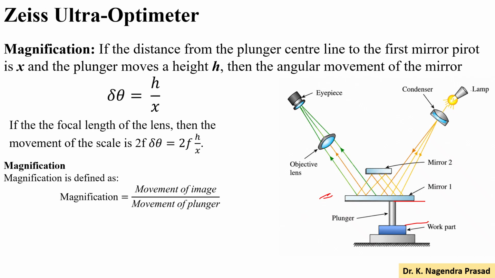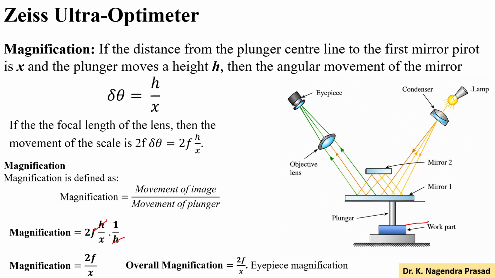Magnification is the movement of image divided by movement of plunger, so that is the movement of the scale divided by the movement of the plunger. Movement of the scale is 2f h by x, and movement of the plunger is h. So the h and h will get cancelled. Then the magnification of the Zeiss Ultra Optimeter is 2f by x, and the overall magnification is 2f by x into eyepiece magnification.